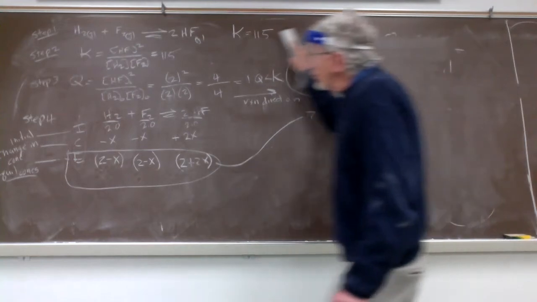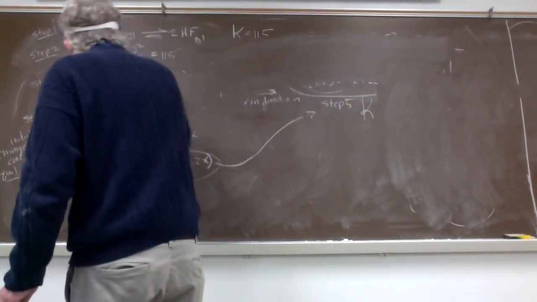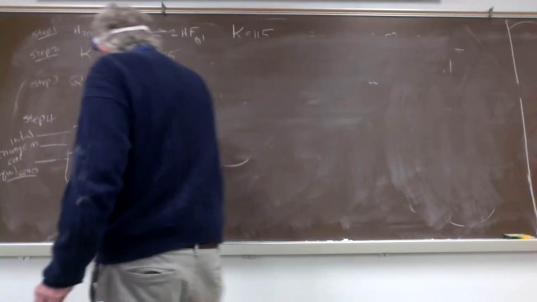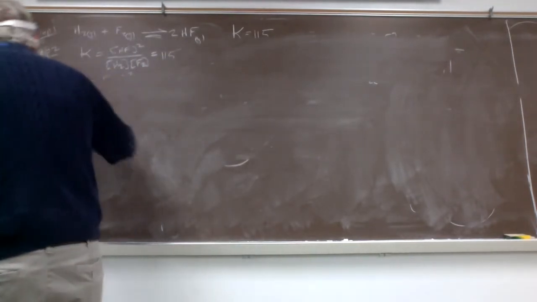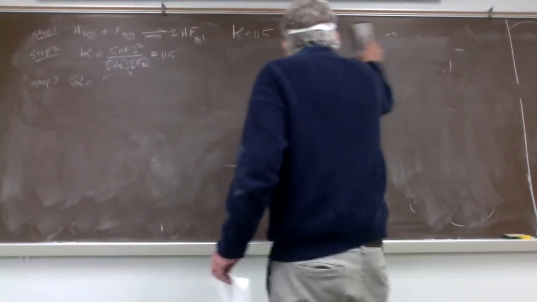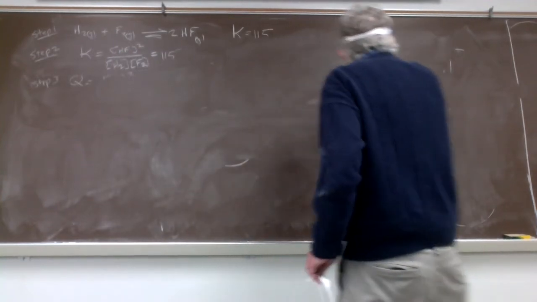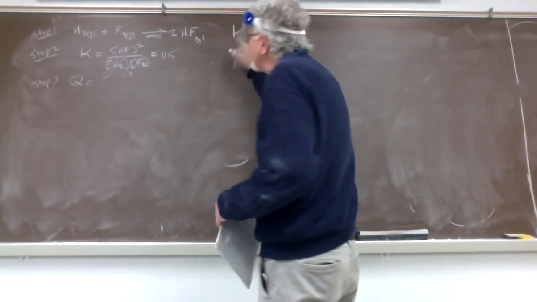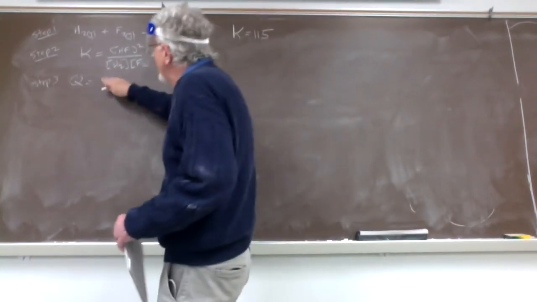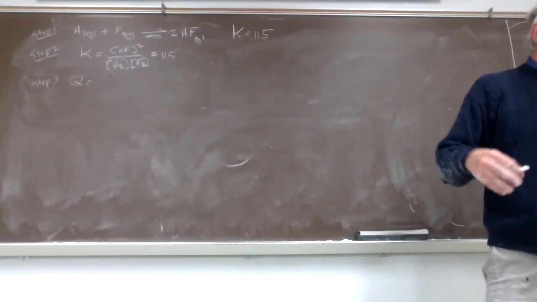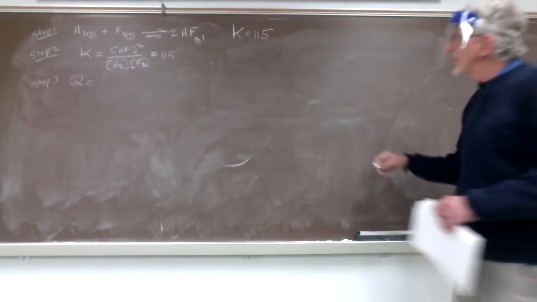All right, now let's do a similar problem using the same chemical reaction at the same temperature, and therefore it's going to have the same K value, but now we're going to have a different set of initial concentrations of hydrogen and fluorine and hydrogen fluoride.